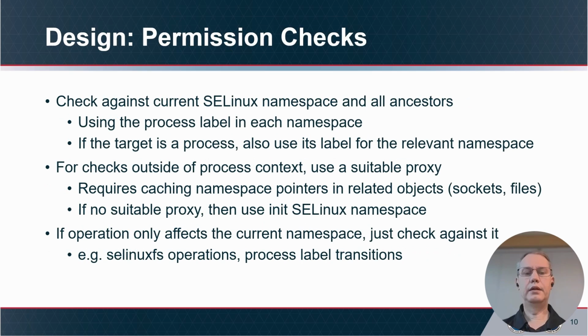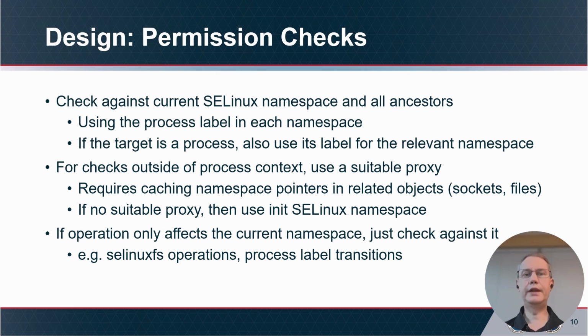In addition to dealing with labeling, it was also necessary to deal with the permission checks within SELinux to support SELinux namespaces. These were extended to check not only against the current SELinux namespace and its policy, but also to check against all ancestor namespaces with their policies.